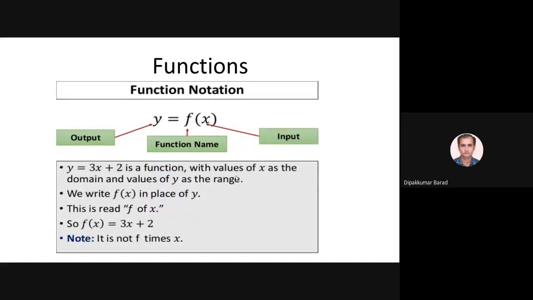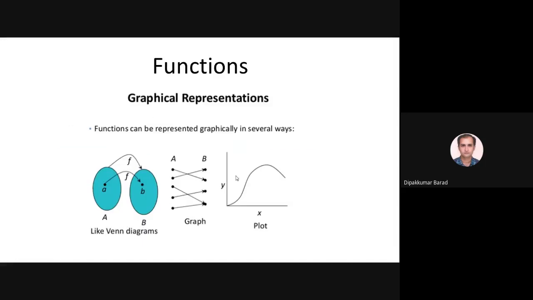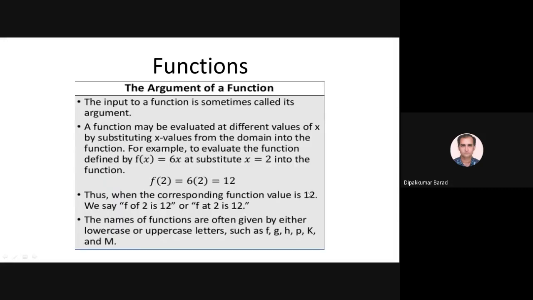Again, for definitions, graphical representations: Venn diagram, graph, plot. This is a plot of a continuous function. Now, the argument of a function.